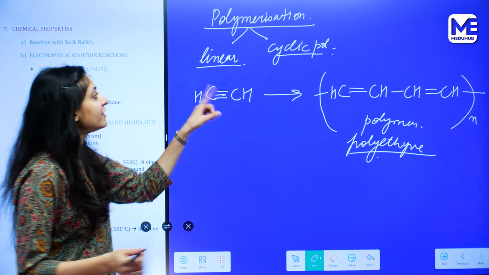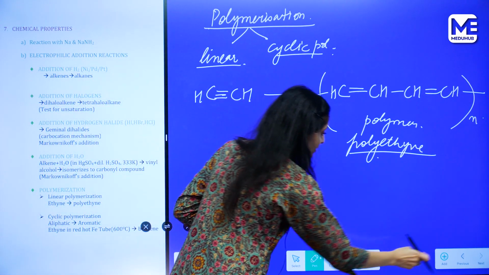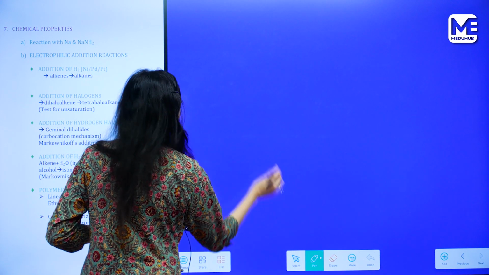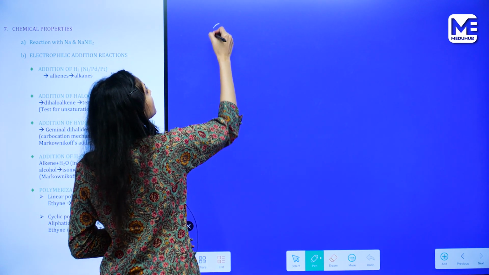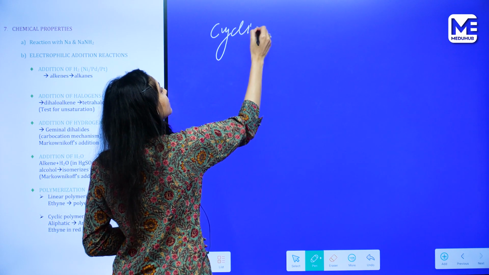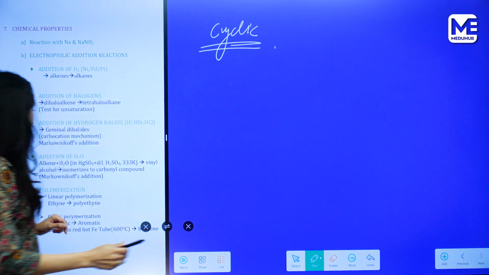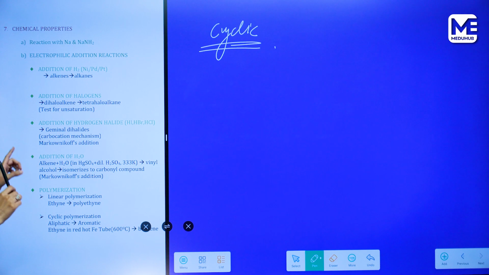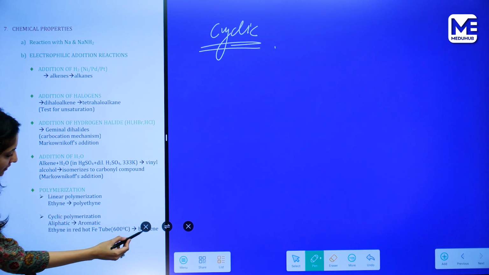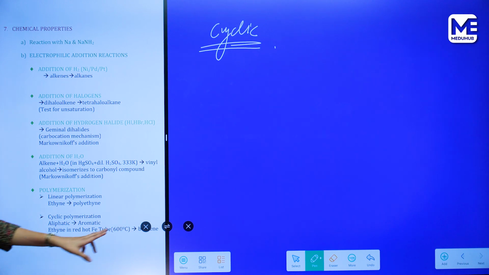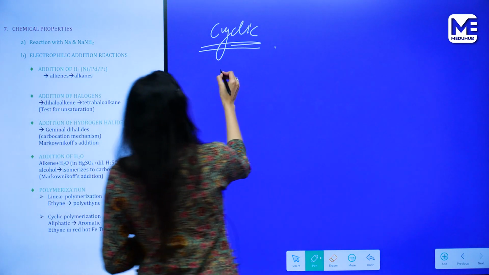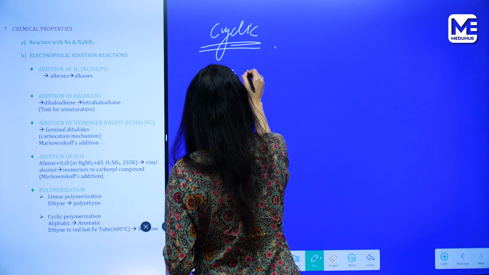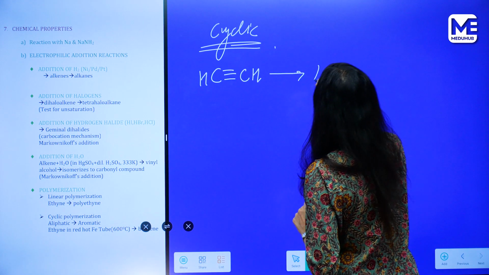The more important reaction, which is cyclic polymerization, is the reaction of an alkyne when it is passed through a hot iron tube at 873 Kelvin or 600 degrees Celsius. We get ethyne will give us benzene.